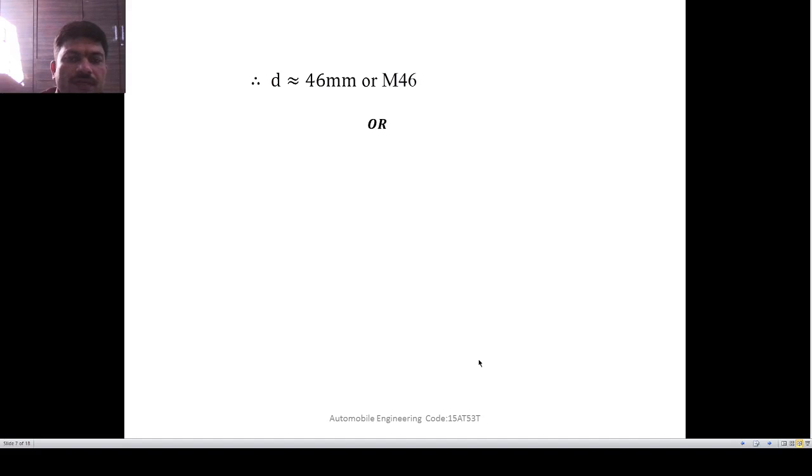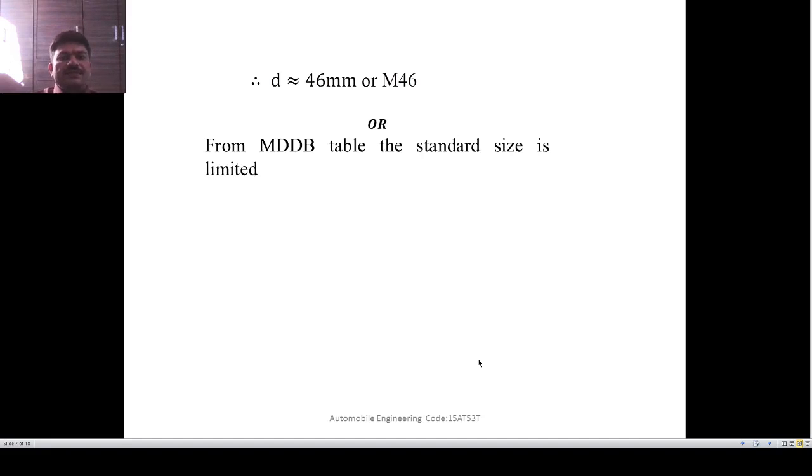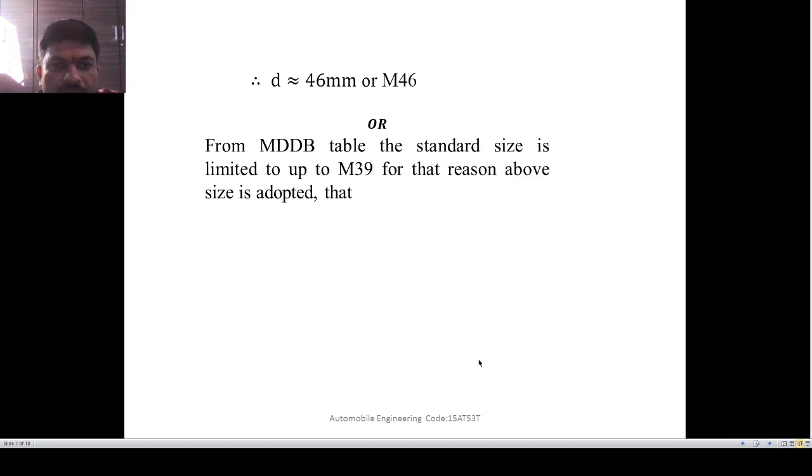Or you can also refer to the design data book. From the machine design data book, the standard size table is limited up to M39 for the bolt series. Therefore we use the equation dc equal to 0.84 d that we have used, and we found M46.